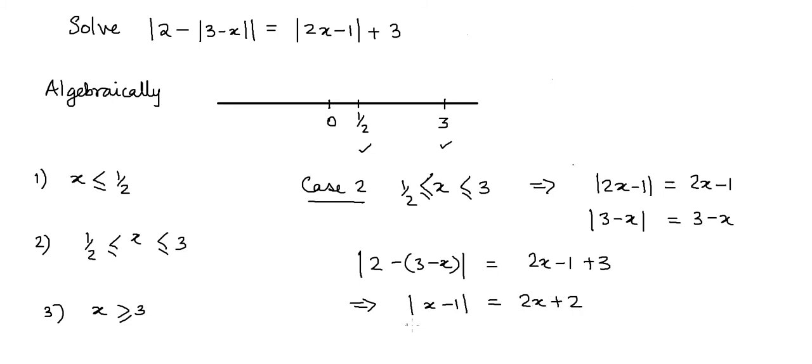Now x is in this range. Okay, so how are we going to decide now what absolute value of x minus 1 is? We'll have to split this into two further cases, right? Two sub cases.